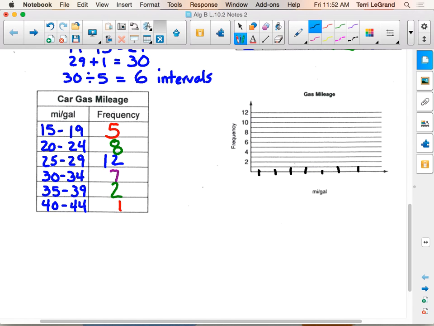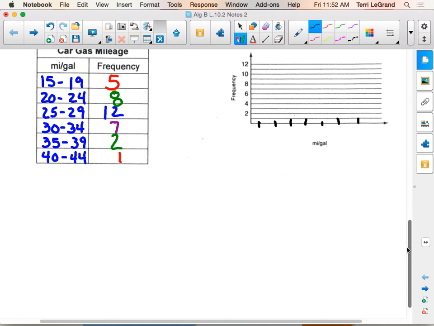Before we draw our bars, we're going to label those intervals, okay? Between those marks, you're probably going to have to turn it slanted. If you try to do it horizontal, they'll run into each other. Our first interval is 15 through 19. Label that underneath. Make sure that it's legible, that we can read it.